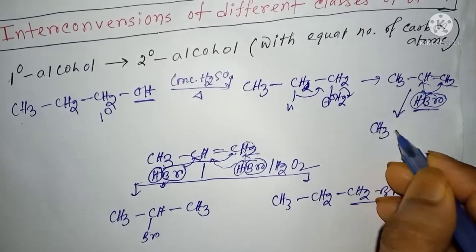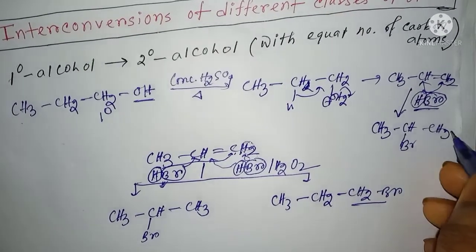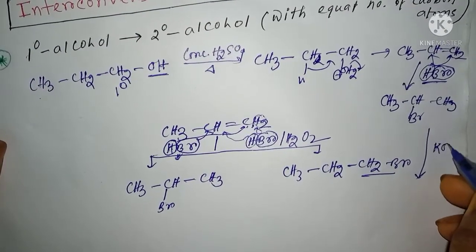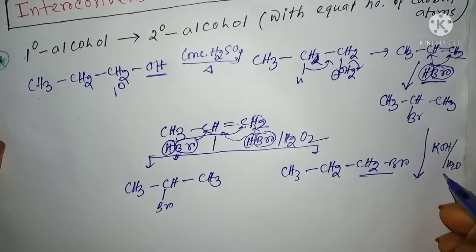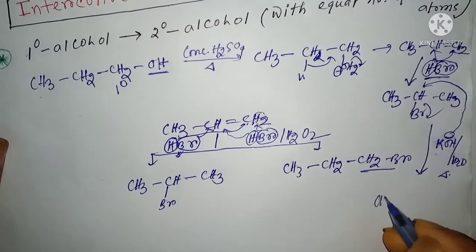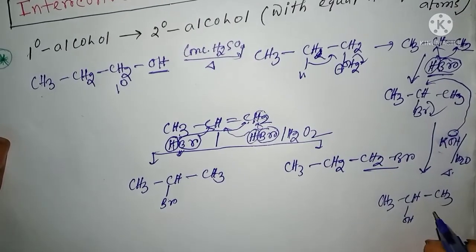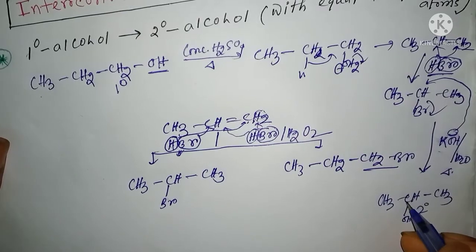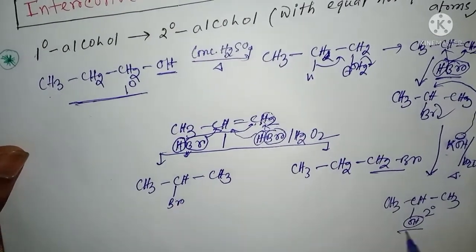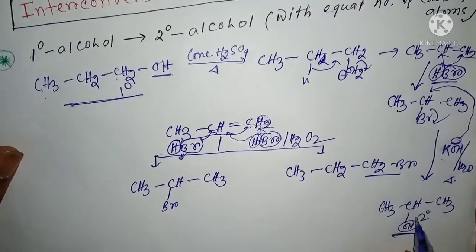So the product is CH3CHBrCH3. Now in the presence of KOH or H2O and heat, OH minus attaches and Br is removed. So this is CH3CHOHCH3. This is a 2 degree alcohol, because this is a 2 degree carbon. So 1 degree alcohol is converted to 2 degree alcohol, and there are 1, 2, 3 carbons in each. So the carbon number is the same.